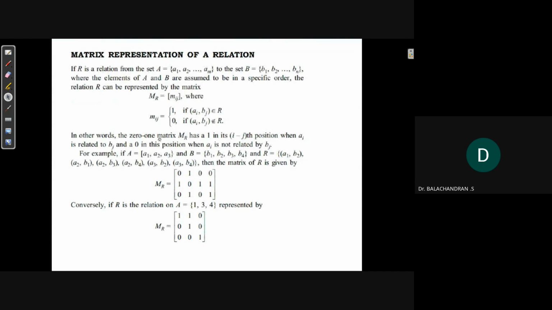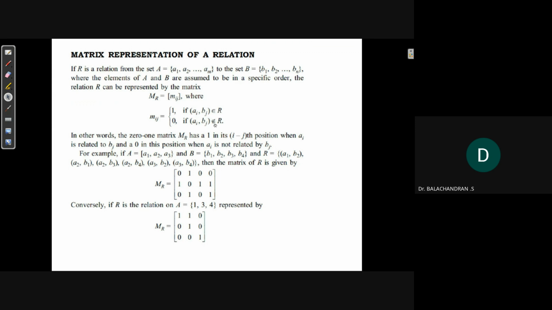Okay, so already we discussed matrix representation of a relation. If R is a relation from A to B, then the matrix MR equals [Mij], where the element Mij is 1 if ai and bj are related, and 0 if ai and bj are not related.